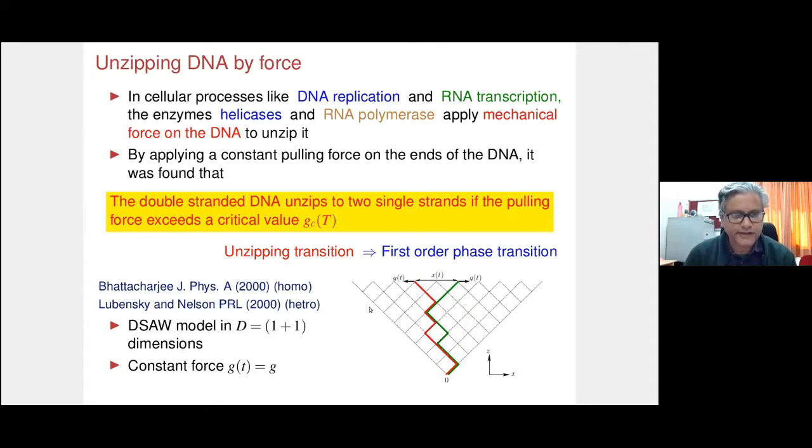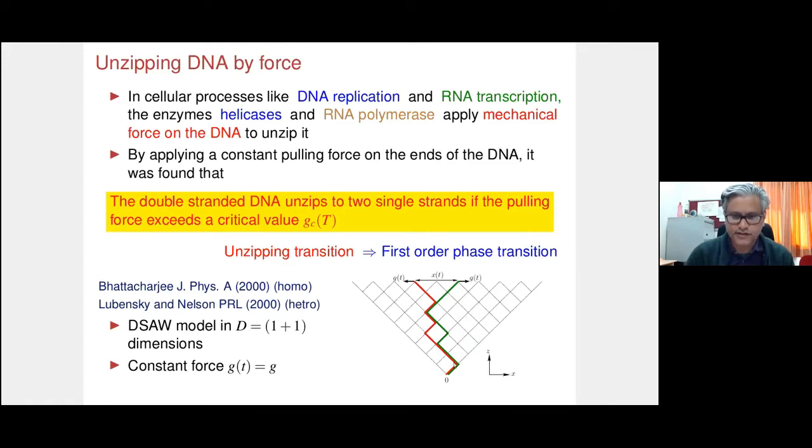This was done some 2 decades ago, and after that many more extensive studies have been done on unzipping transitions. One such study was in the directed self-avoiding walk model in 1+1 dimensions. In this model, the DNA strands are represented by directed self-avoiding walks on a 2-dimensional lattice.